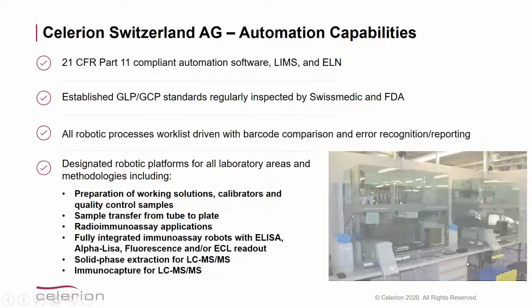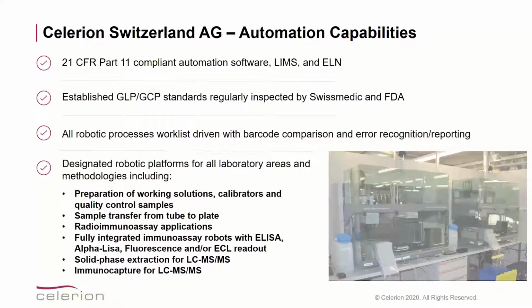So shortly, I want to present our automation capabilities at our site. All systems fulfill the Part 11 requirements and are in alignment with GxP regulations. Meanwhile, they have been multiple times inspected by Swissmedic and the FDA, always without any findings.